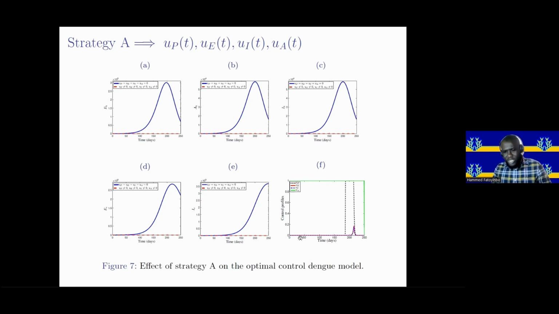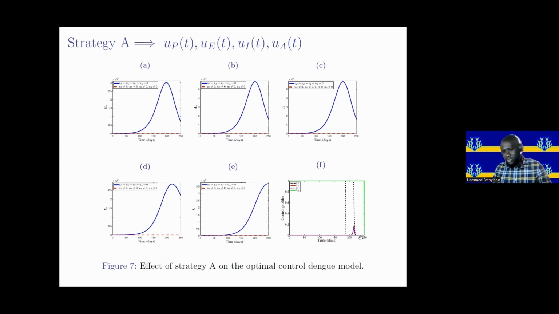But for the UE, which is the drug therapy treatment for the exposed case, and UI for the infectious class, we can see that they are also in the lower band until around 220 days, when they go to around 0.1, which is like 19% here.